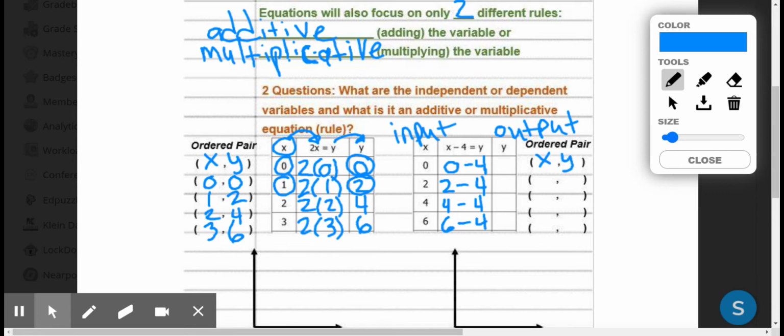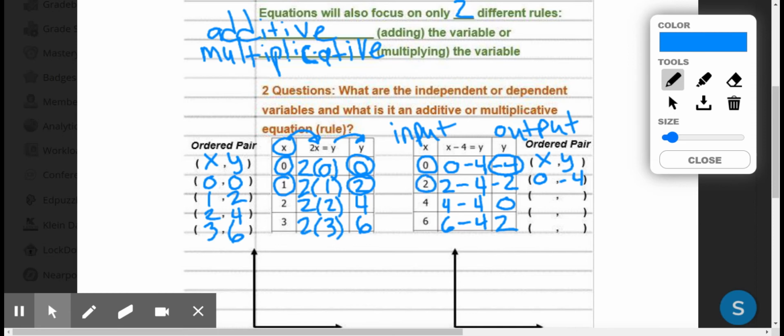So 0 goes in, 0 minus 4 is going to give us -4. 2 minus 4 is going to give us -2. 4 minus 4 will give us 0. And 6 minus 4 will give us 2. So using those input-output values, now when x is 0 in this equation, y is -4.